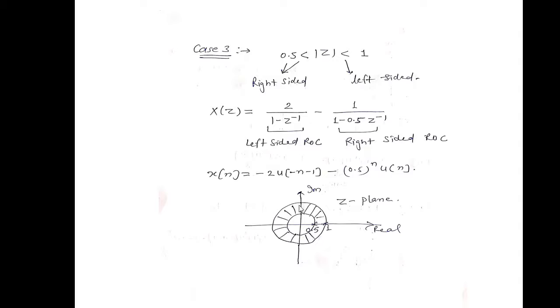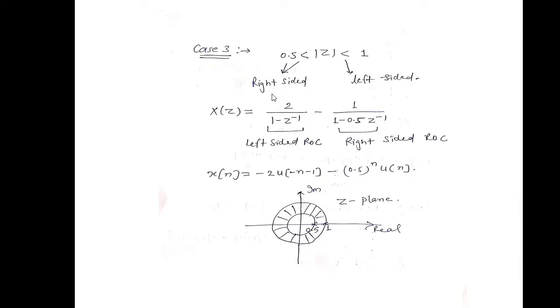Okay, we can see this ring as a ROC for this particular case. So one ROC is greater than 0.5, second is less than 1. So when ROC is greater than 0.5, then this signal will be the right sided signal, and when ROC is less than 1, then this signal will be the left sided signal.